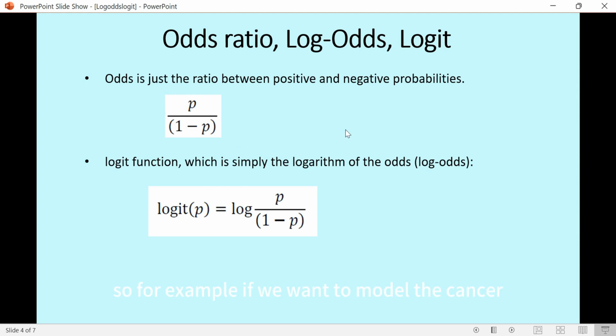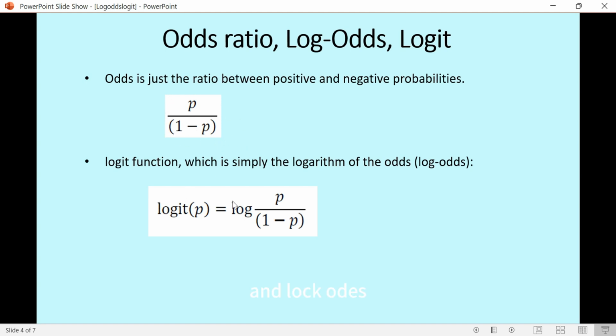For example, if we want to model the cancer probability of the patients in the previous example, we call the cancer probability P. This is positive, and the not-cancer probability is 1 minus P. The ratio of these is called the odds ratio.